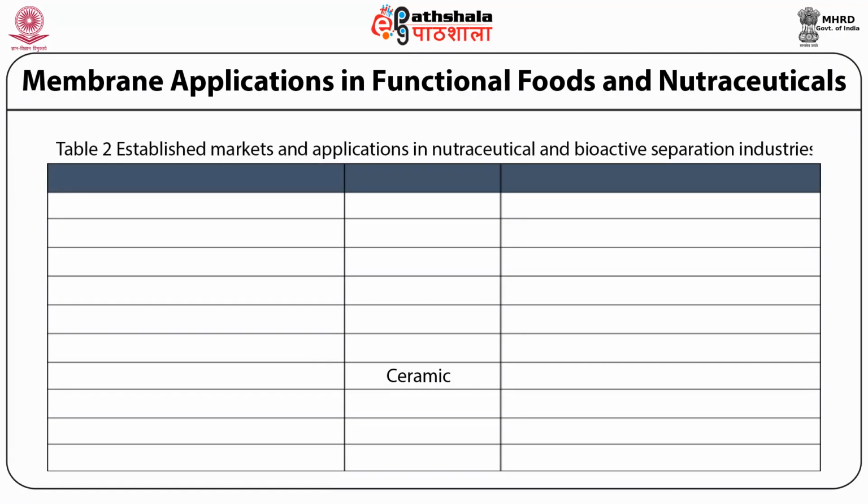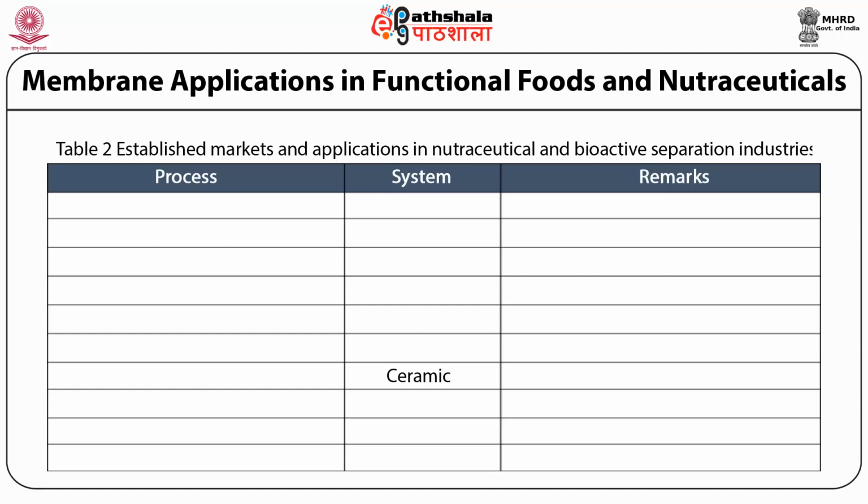Table 2 represents the various applications of membrane processing in different classical processes and in several bioactives. If we see in Table 2, different processes are given here, the membrane systems being used are given, and remarks are given on their current status.